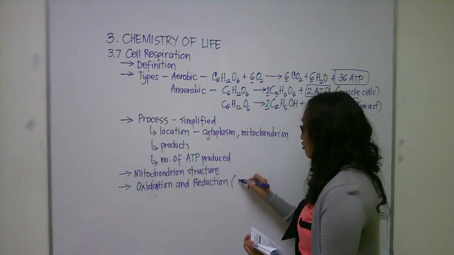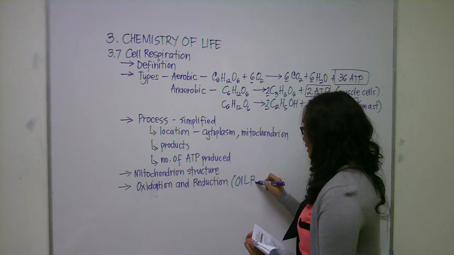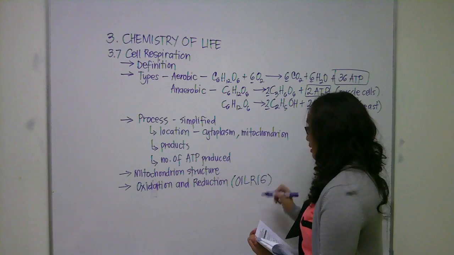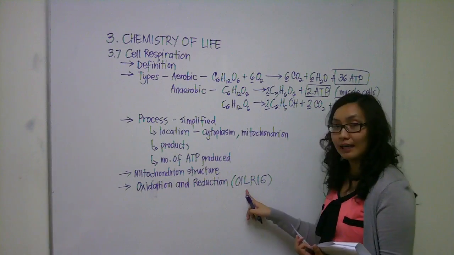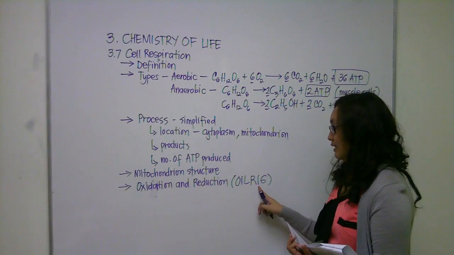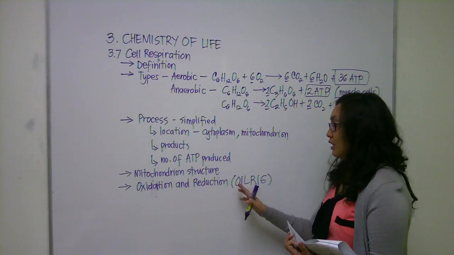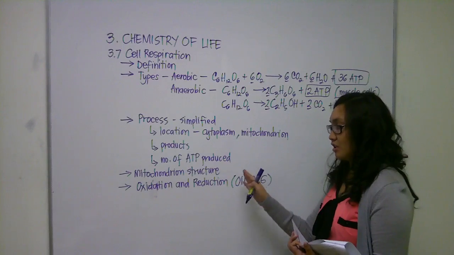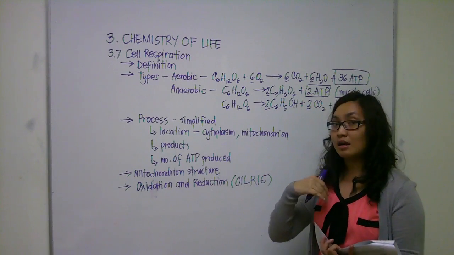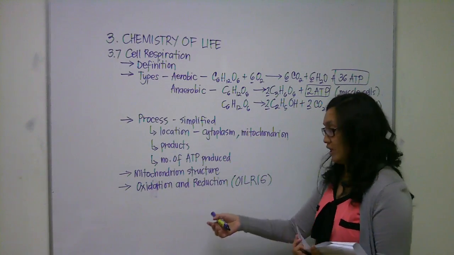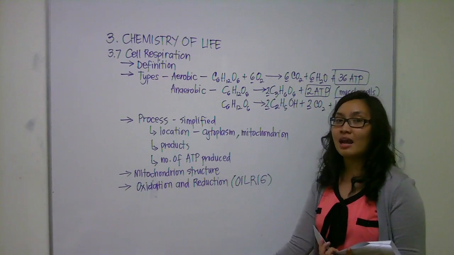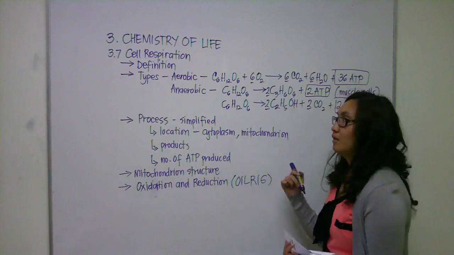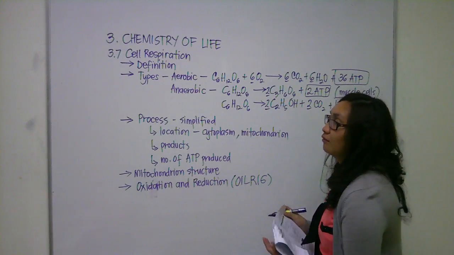They just need to memorize the acronym OIL RIG: oxidation is losing electrons, reduction is gaining electrons. Meaning, whenever oxidation is occurring, it gives off electrons from the hydrogen, whereas reduction is when it gains the electrons from the hydrogen. So that will be all for cell respiration.